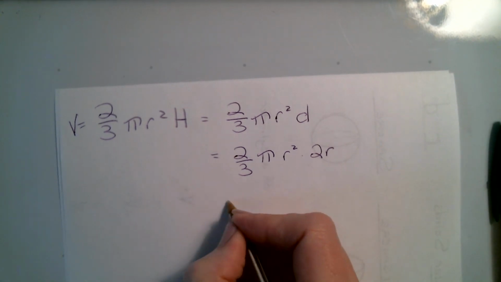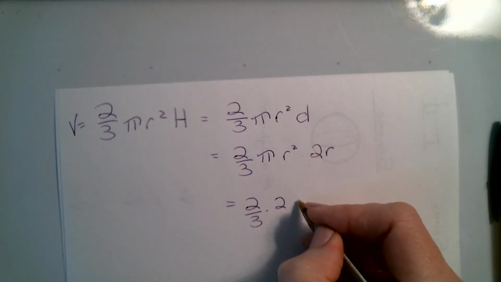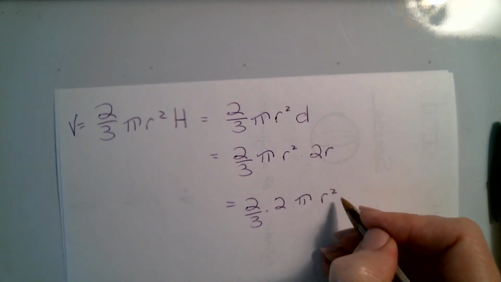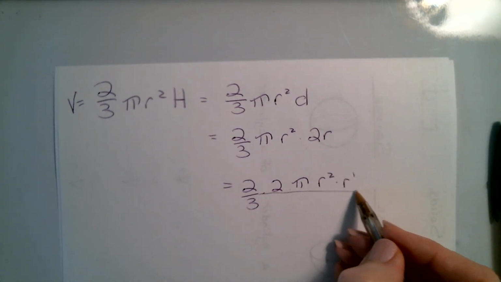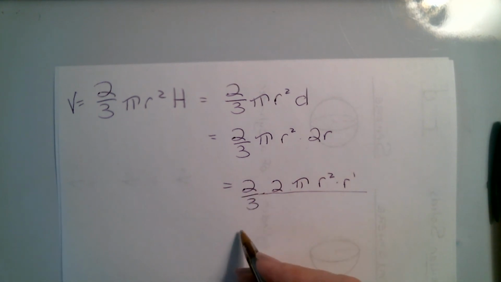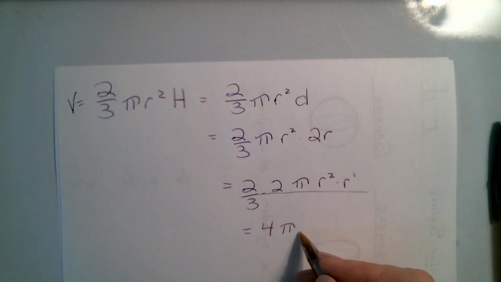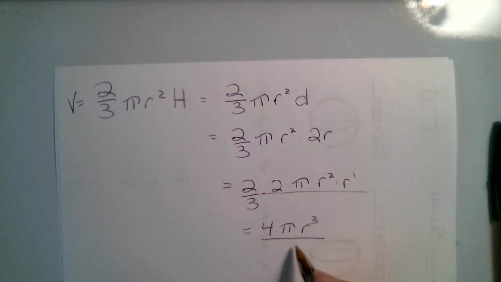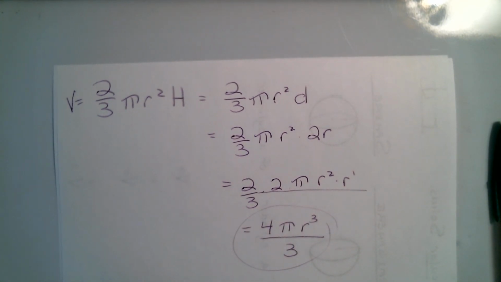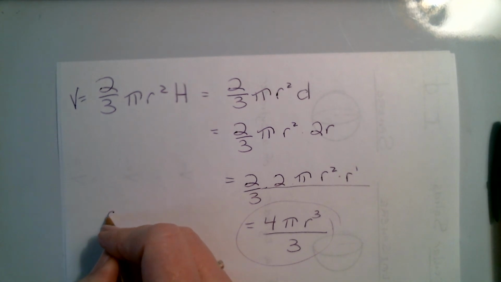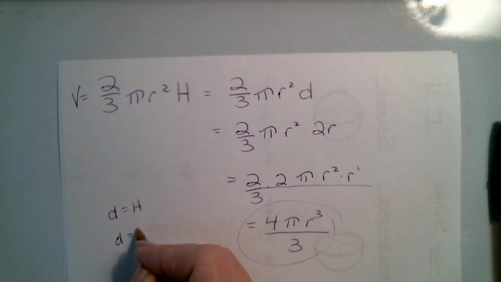Now if I rearrange this, do the 2 times the 2 times the pi times the r squared times the r to the first, right? And all of those invisible ones. Do you see how I'm going to simplify this to get 4 pi, add my exponents, r cubed over 3. So this is one you, again, might want to use. It's a little faster, but the key to this, again, is to recognize that the diameter and the height are the same, and not to forget that the diameter is 2 radii.